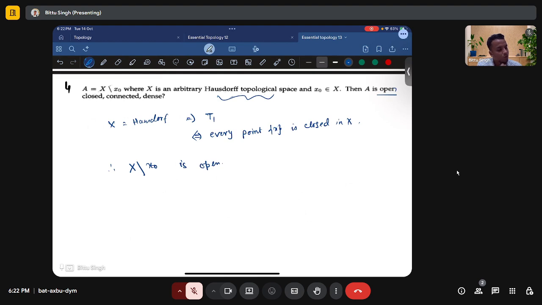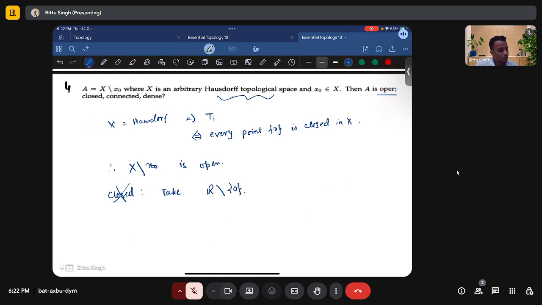This is open. Now, what about closed? Closed may not be true for an arbitrary Hausdorff space. So closed will not be true. Take R minus the singleton set {0}.